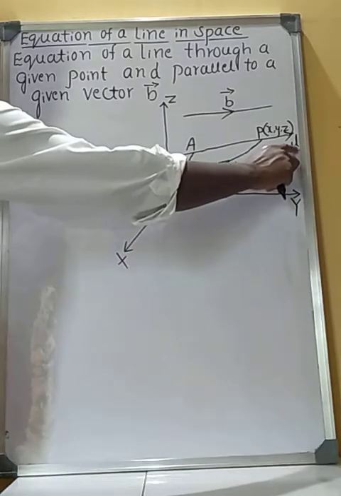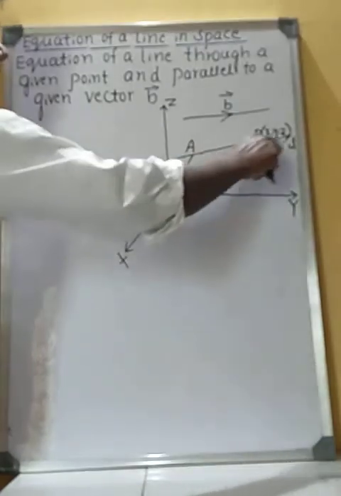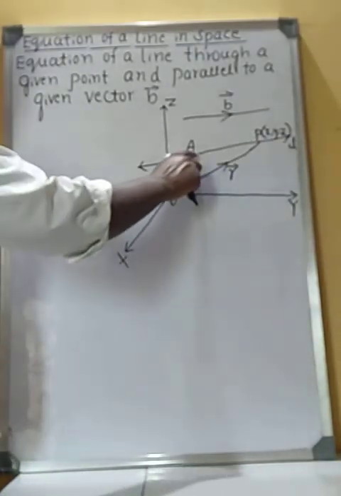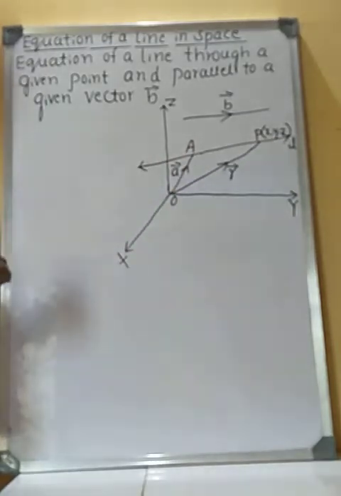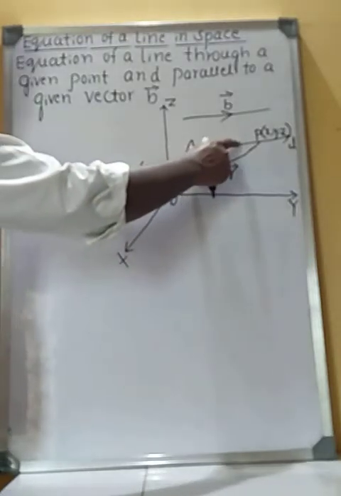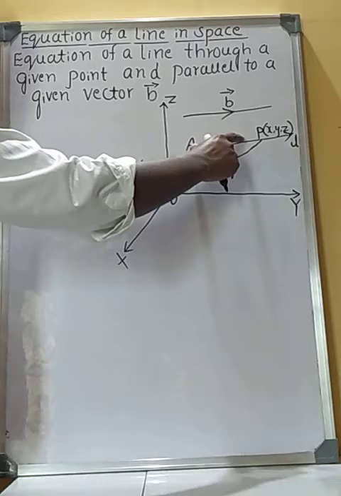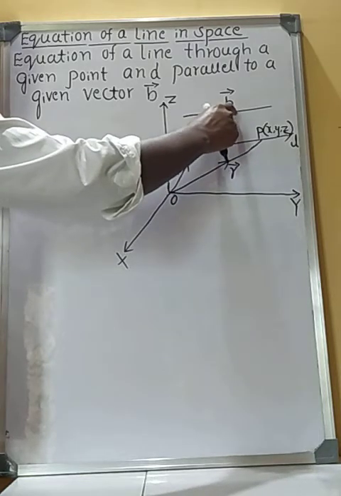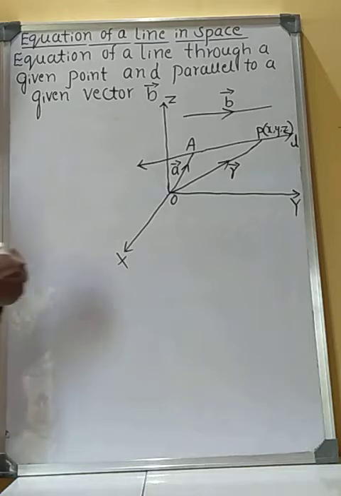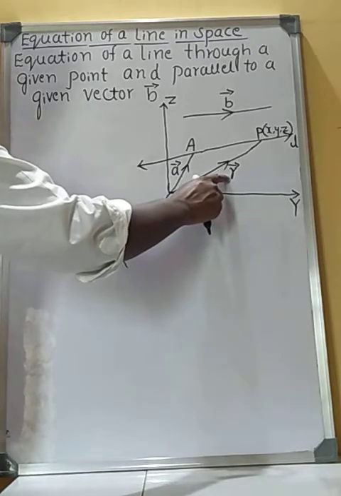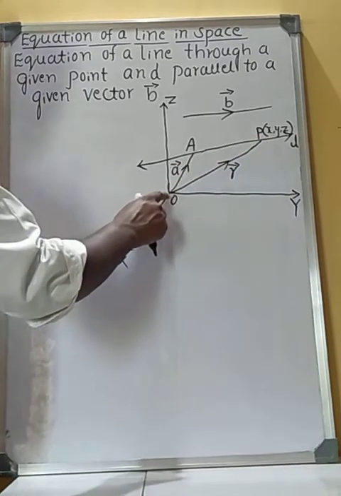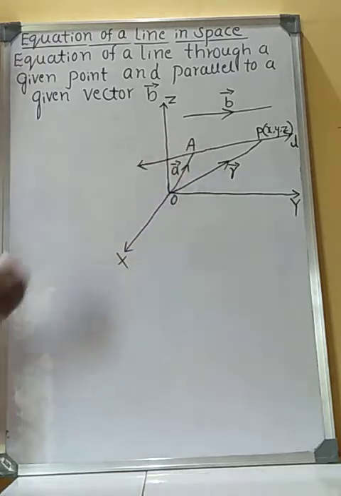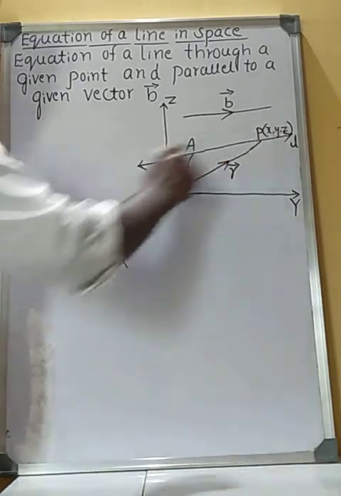Let L be a line which passes through the point A and is parallel to vector B. And let vector R be the position vector of an arbitrary point P on the line, with respect to the origin.